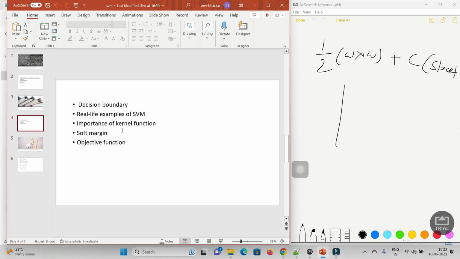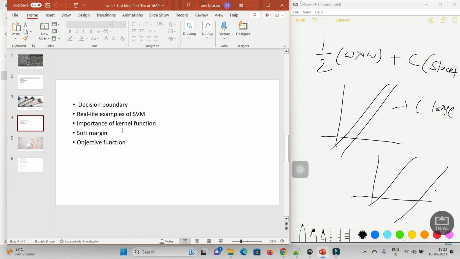So let's take an example. If C is large, margin is small. If C is small, margin will be high.